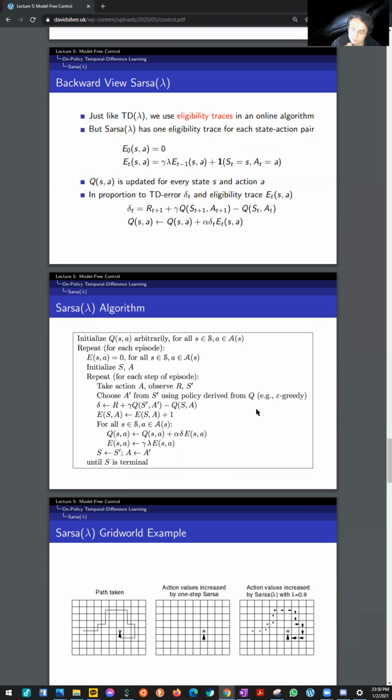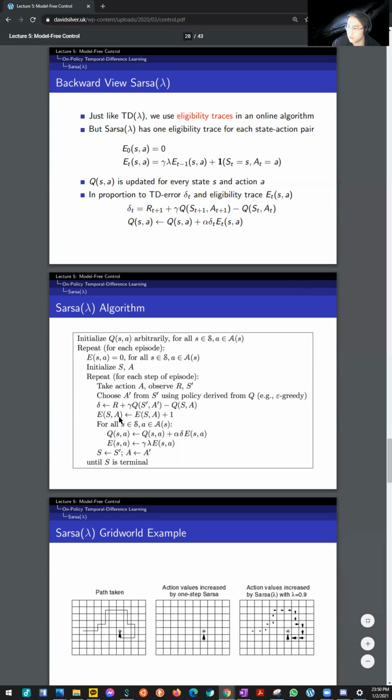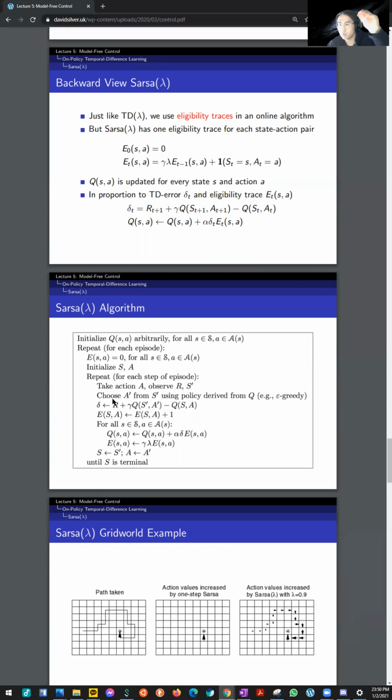Since we just chose it, we keep track of that by adding 1 to the eligibility trace for that specific state action pair, that one data cell in the matrix. And this in the equation corresponds to the indicator function.